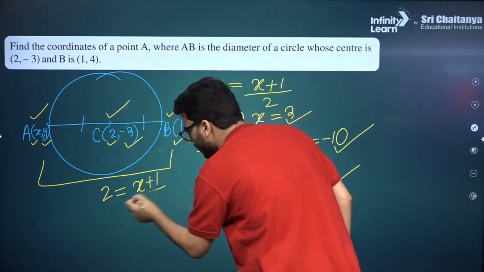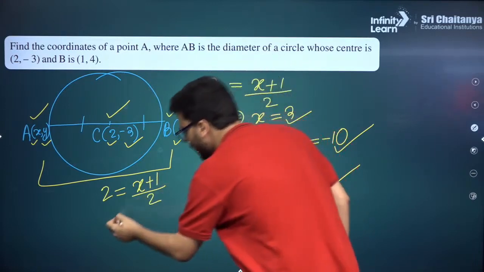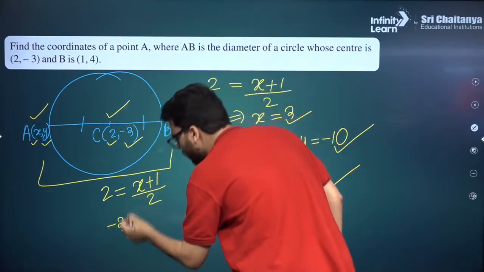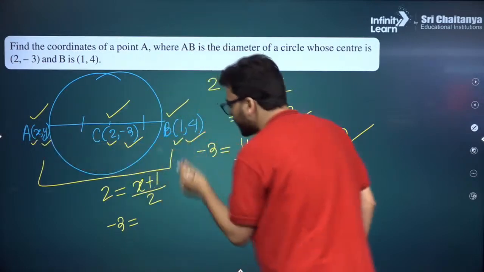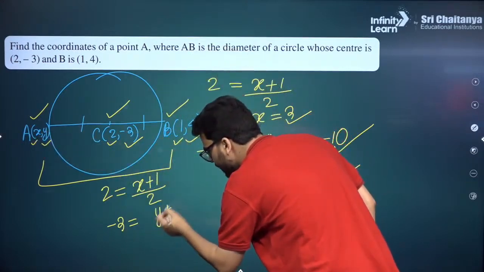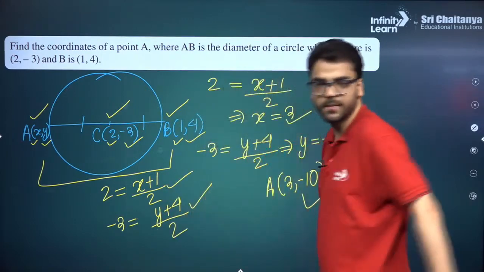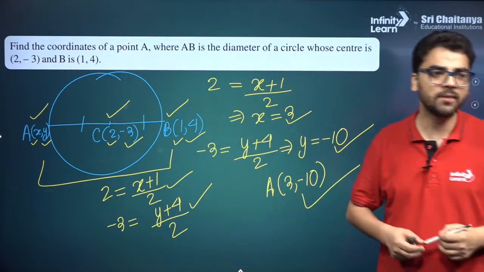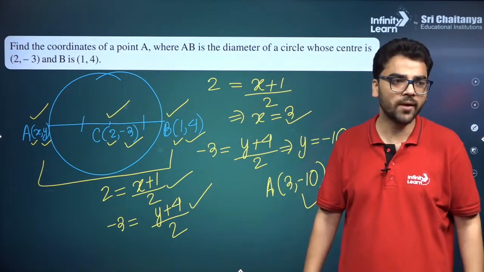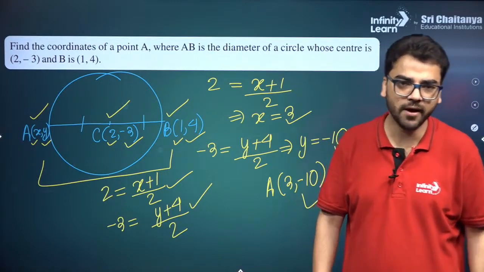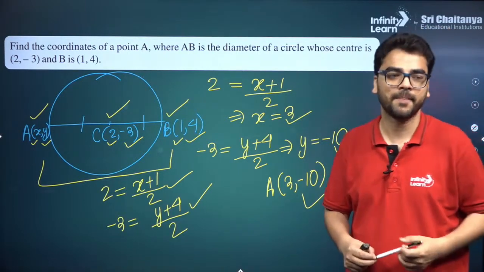Tell me, Deen Bandhu. You got that logic? In the same manner, minus 3 will be y plus 4 by 2 if you use the midpoint formula. So, therefore, you can find x and y using this method. I hope it is clear now, Deen Bandhu. Any doubt to any student in this session? Just confirm that in the chat, guys.